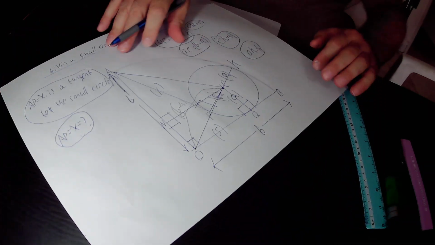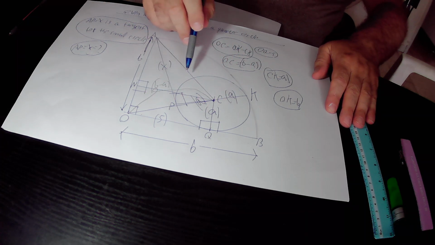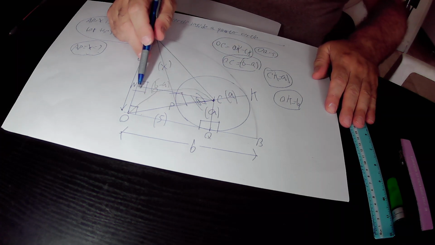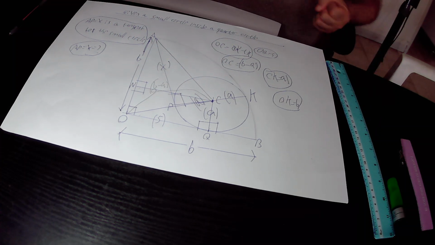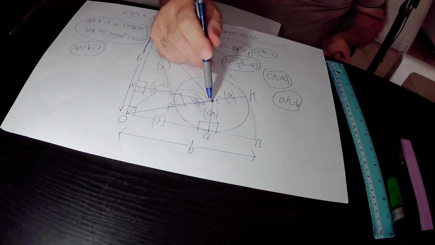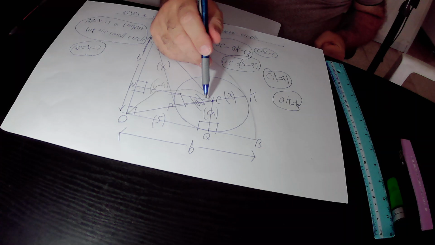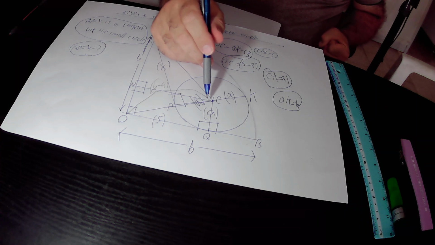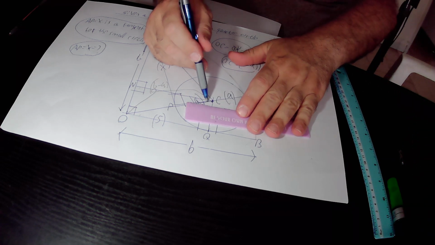By doing this construction, we create the quadrilateral NCQO. Inside this quadrilateral NCQO, we have 1, 2, 3 right angles. The sum of 3 right angles is 270 degrees, so 270 degrees plus the size of this fourth missing angle, in total they must be equal to 360 degrees, according to the rule that states that the sum of the angles in any quadrilateral is equal to 360 degrees. And therefore, this fourth missing angle must be equal to 90 degrees in its size.